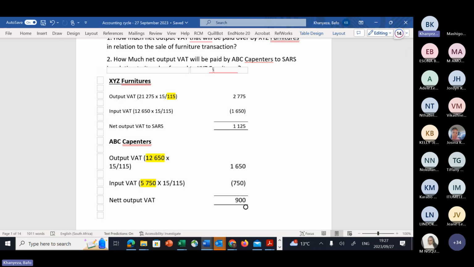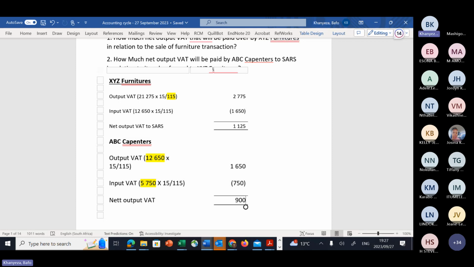Okay, Mona Lisa, when you buy a can of Coke from a store, you'll see they even calculate it for you. This is how much output VAT you are paying.